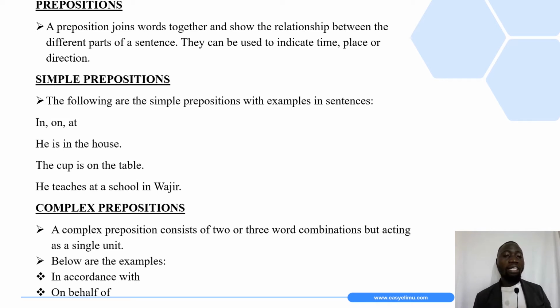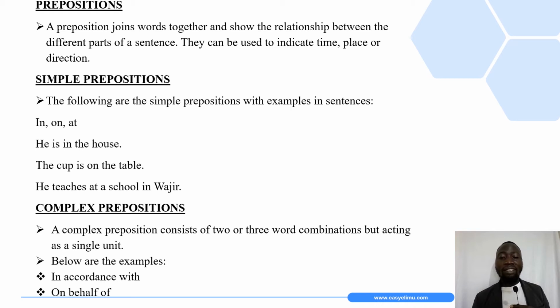So apart from simple prepositions, we also have complex prepositions. So talking about complex prepositions, a complex preposition consists of a two or three word combination, but acting as a single unit.